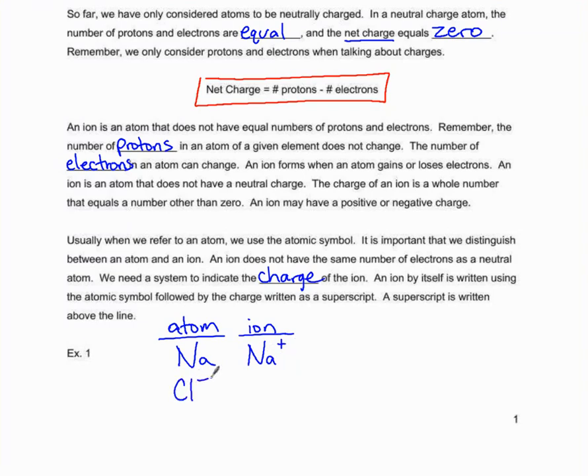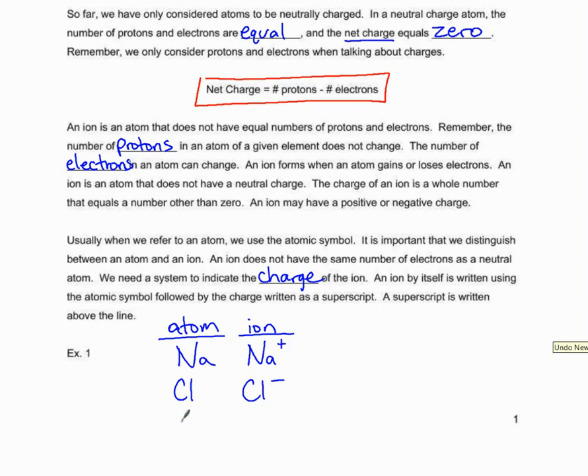Cl-, Cl, that's chlorine, and its ion is Cl-. So with these two, this is really saying that sodium has a positive 1 charge. But this is an instance where if you write the plus, the 1 is not necessary, so we leave it off.